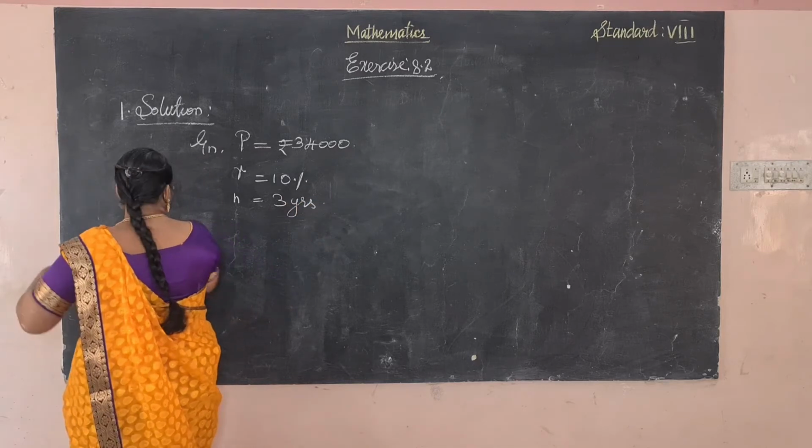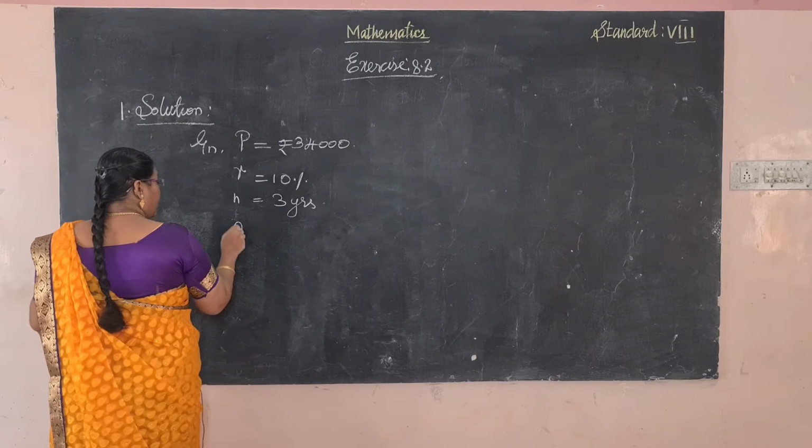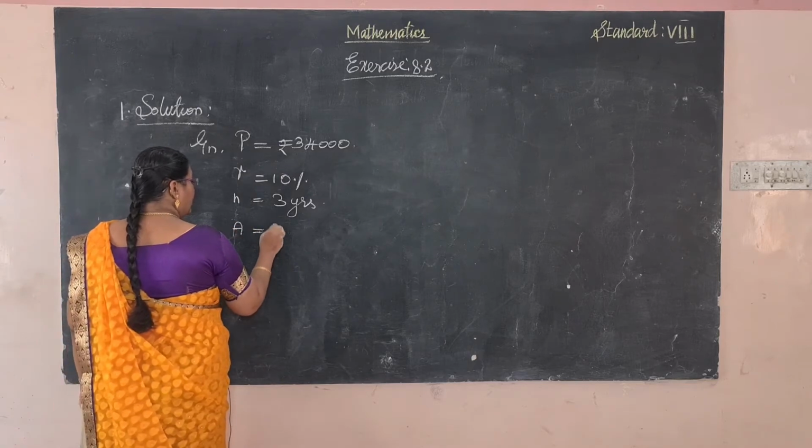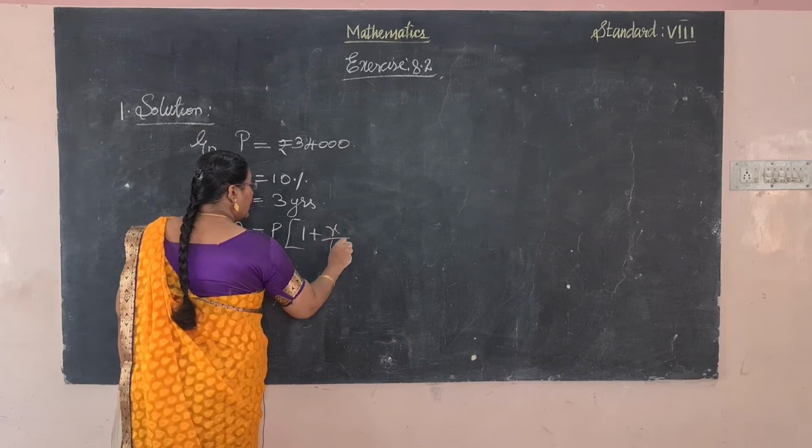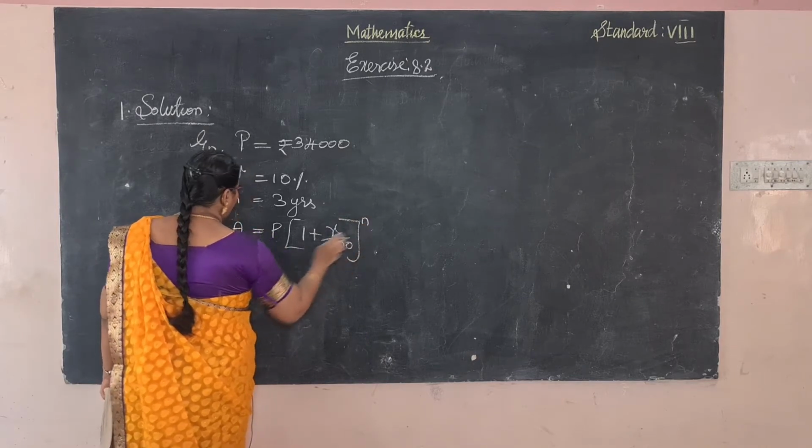What is the formula for amount? A is equal to P of 1 plus R by 100, the whole power n.